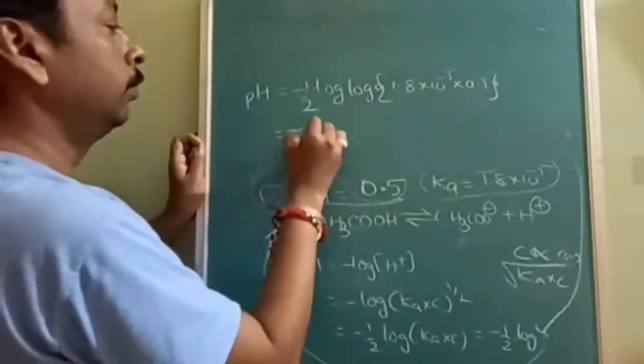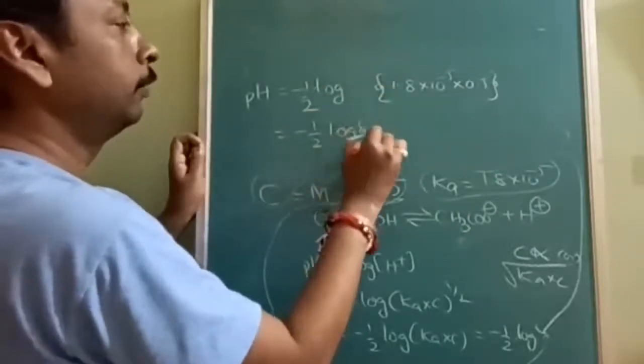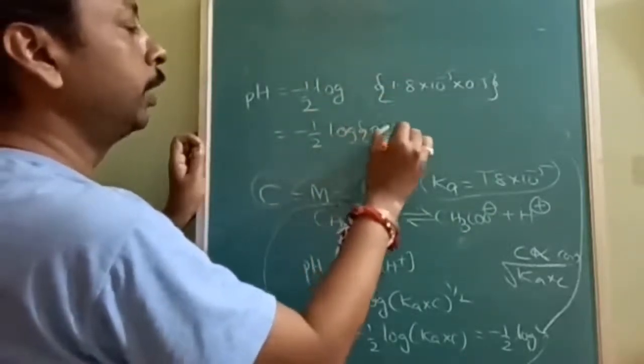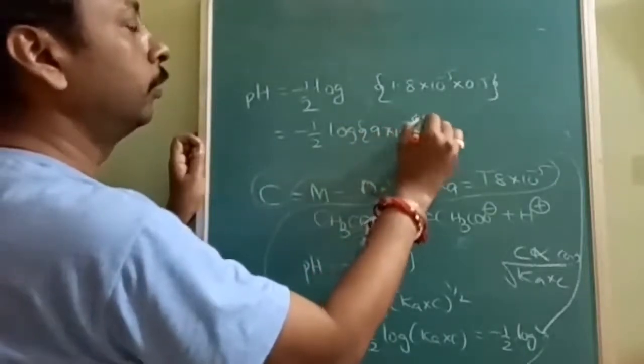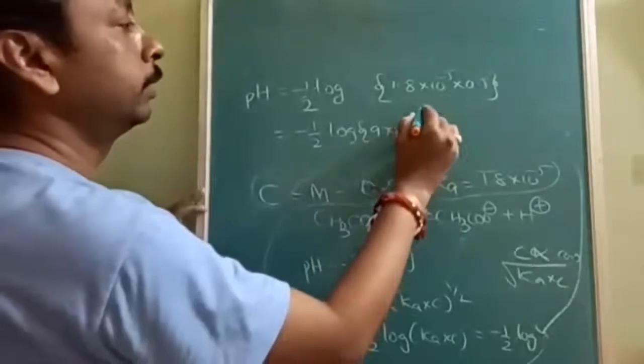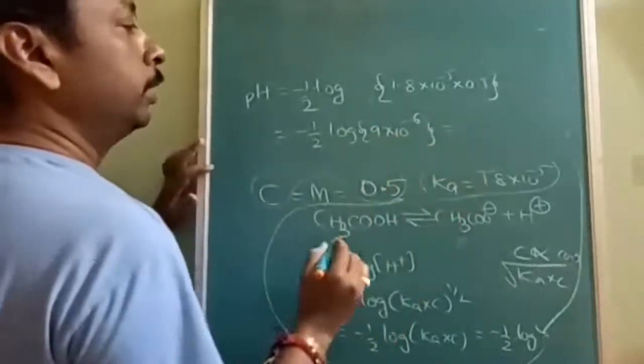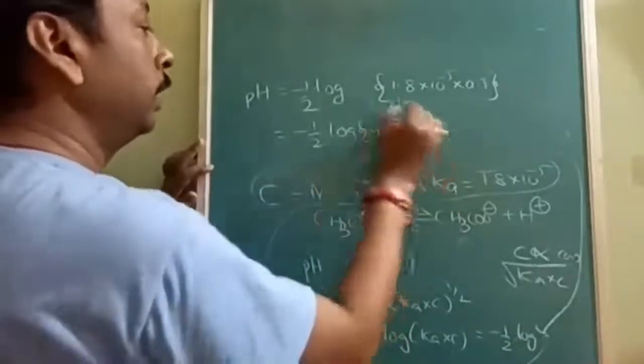So minus 1 by 2 into log of 9 into 10 to the power of minus 6. So like that you can simplify this and you will get the final answer.